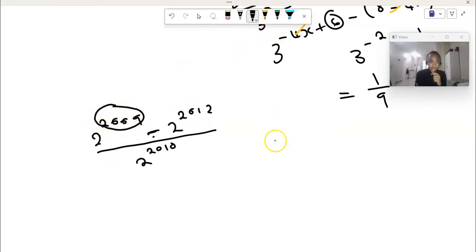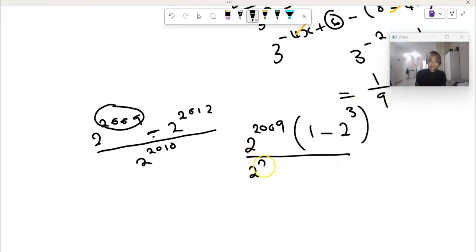So you say 2^2009 times 1 minus, and then you notice that here we are adding, so 2012 minus 2009 will give us a 2 cubed.